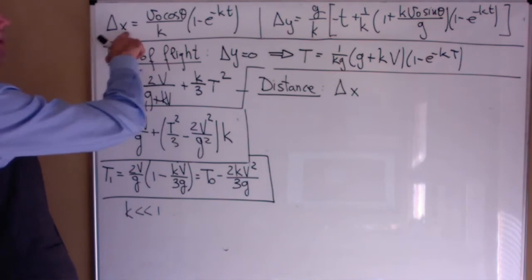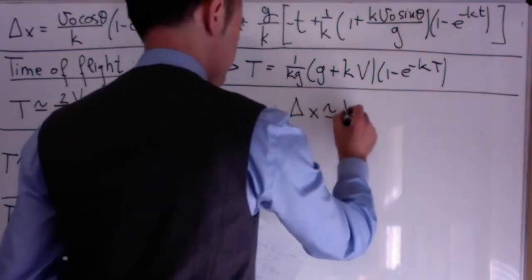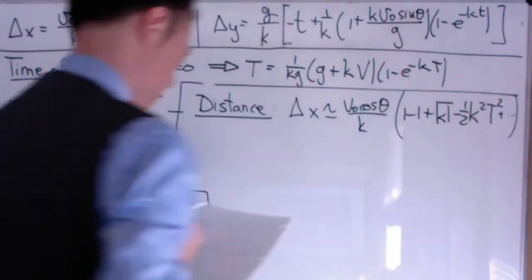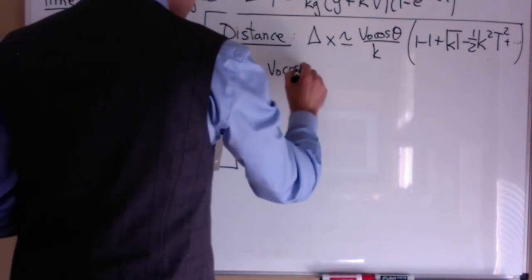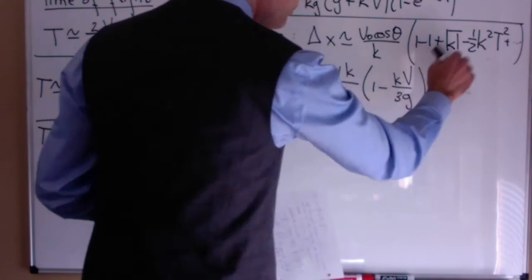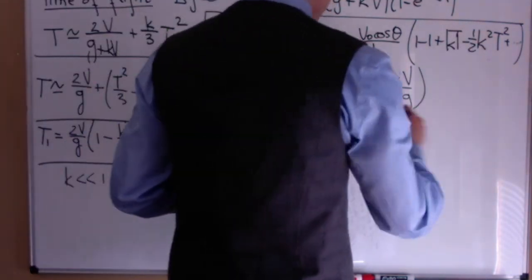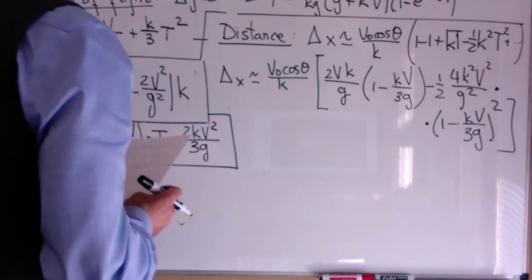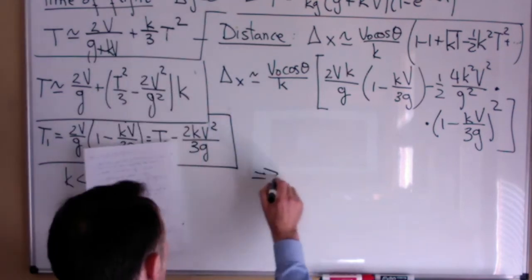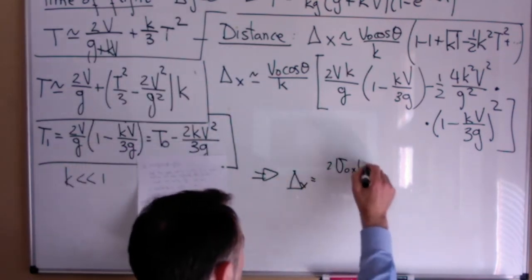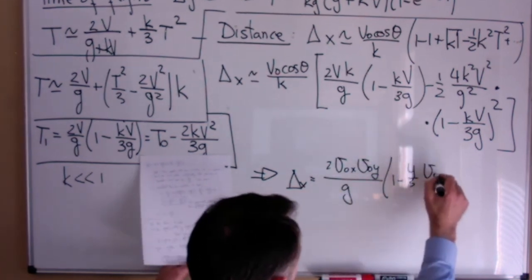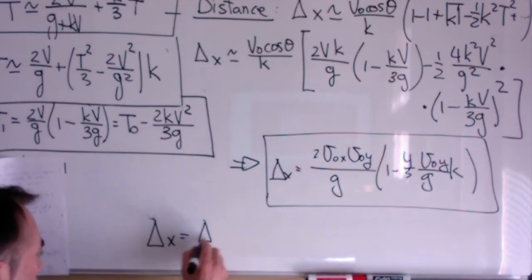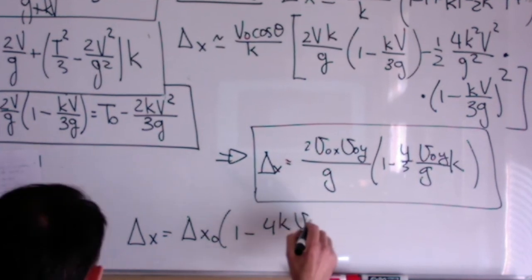We, again, write the expansion in Taylor series, do a bit of wibbly-wobbly mathy stuff, and find the approximate distance traveled in the presence of air friction, but not too much air friction, which can be written in terms of delta x naught, the solution without air friction.